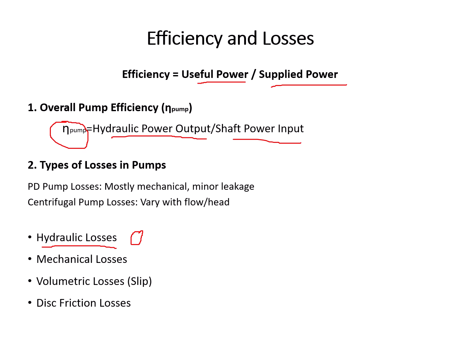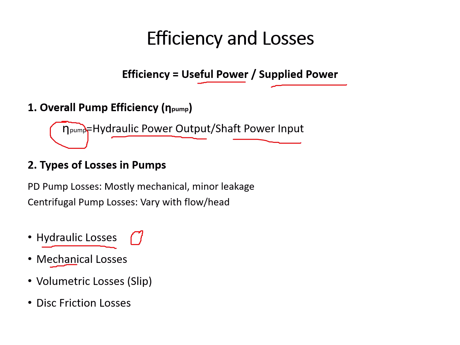The other type of losses is mechanical losses. Mechanical losses are due to friction in bearings, seals, and shaft alignment. So all these are mechanical: friction in the bearings and the seals, and if the shaft is not aligned, this all leads to an increase in the mechanical losses.